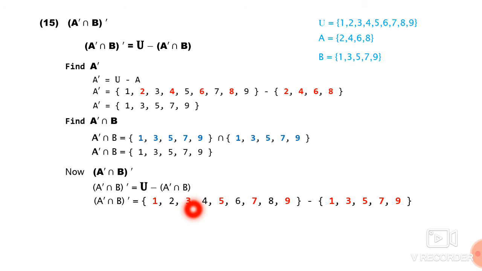Write universal set first and the set A complement intersection B. Cancel out the common elements and write down the remaining elements. So A complement intersection B whole complement is equal to 4, 6 and 8. We will draw its Venn diagram in the same way as we have discussed for previous questions.